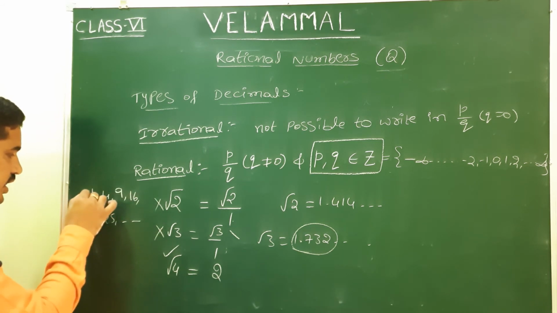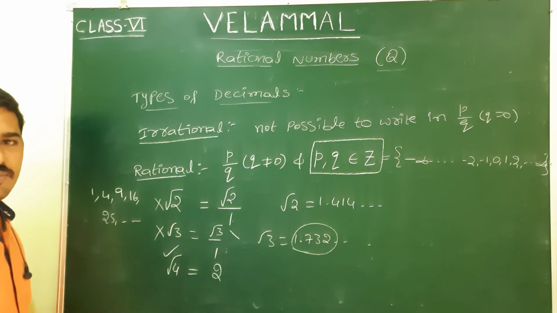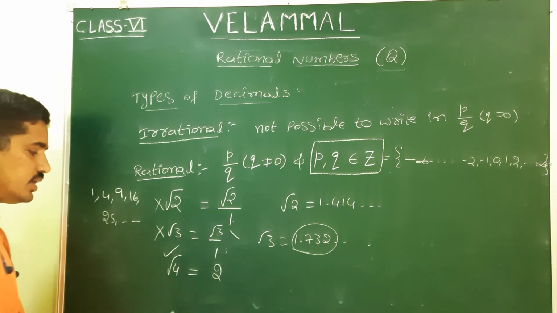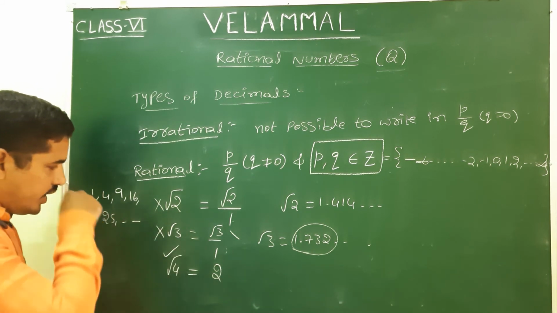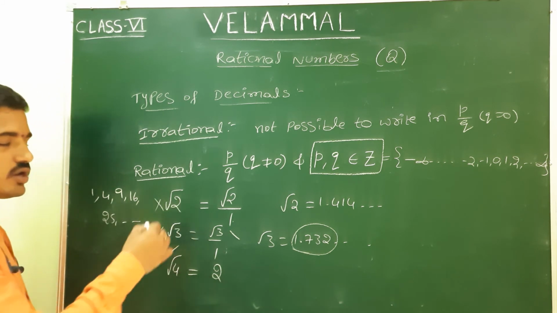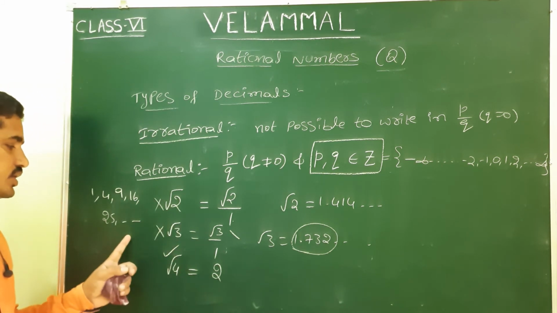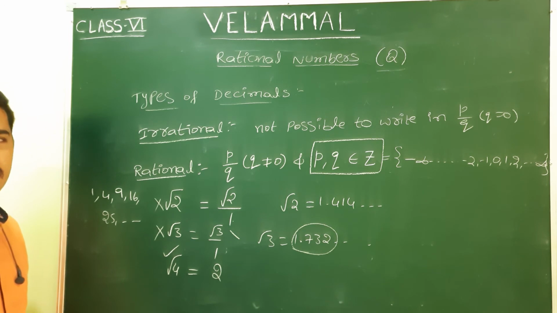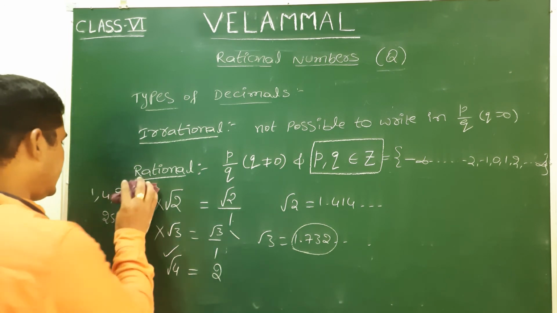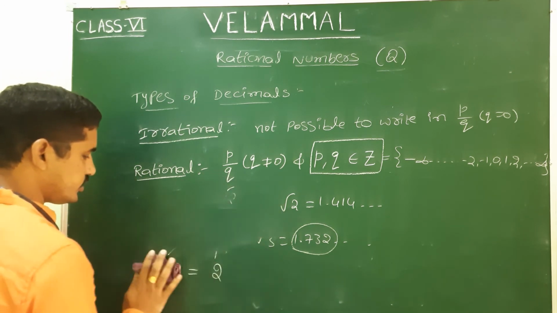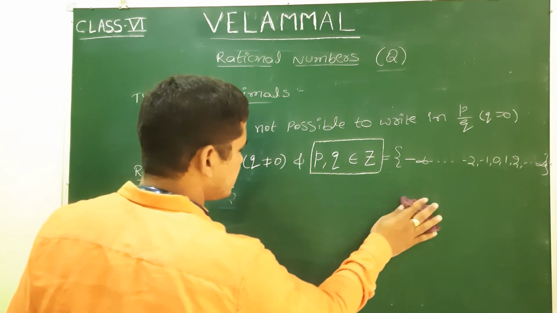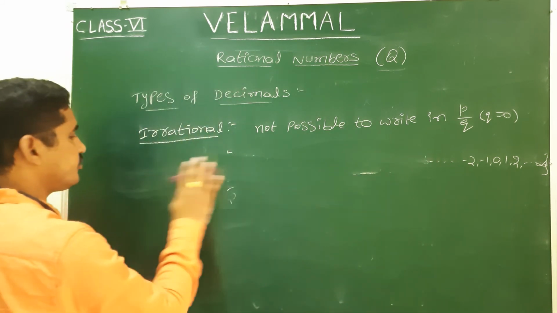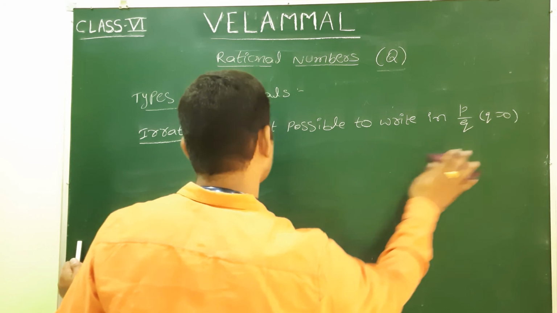If we take the roots of these numbers, then we will say they are rational numbers. But the numbers inside the root which are not perfect squares are called irrational numbers. Irrational numbers.